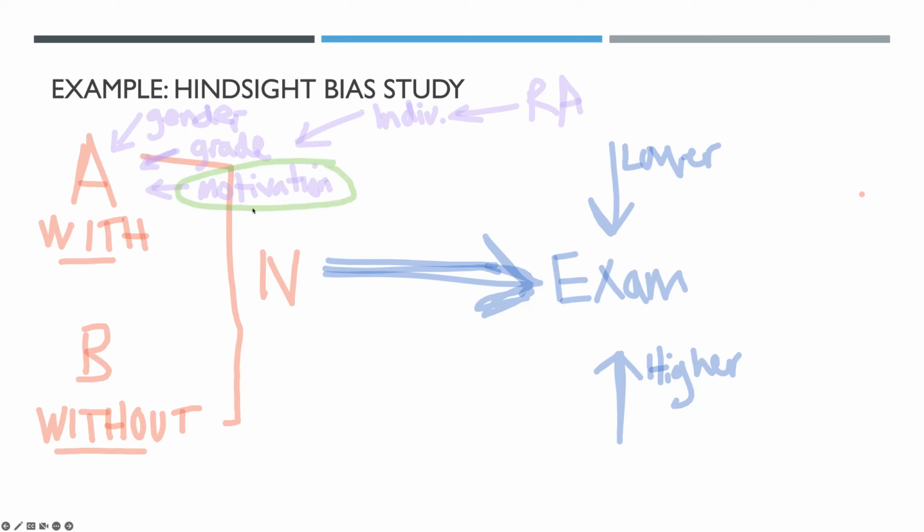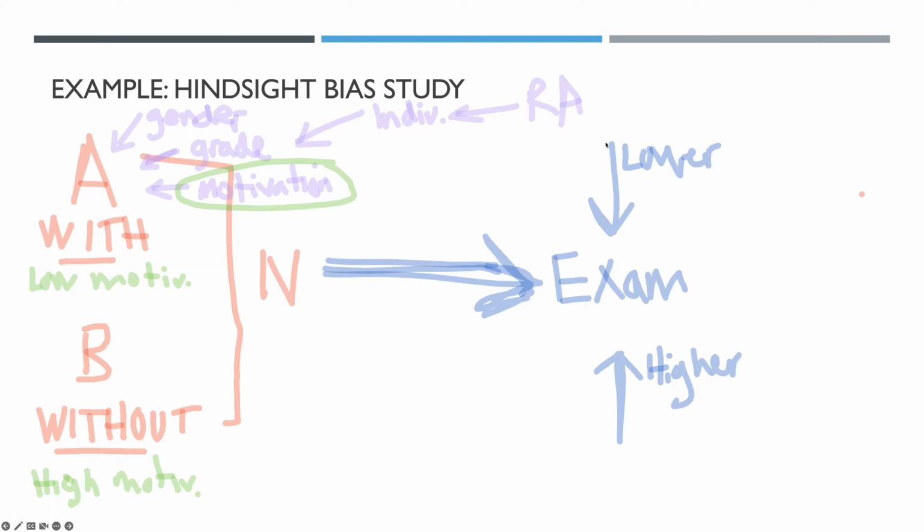And I'm going to put my low motivation people, so low motivation, all in my condition A, and my high motivation people all in condition B. So now I have an alternate explanation if this ends up being the result here.